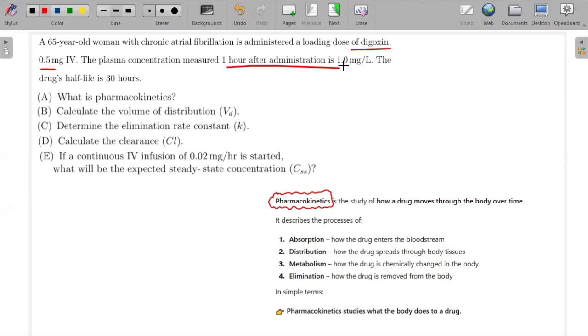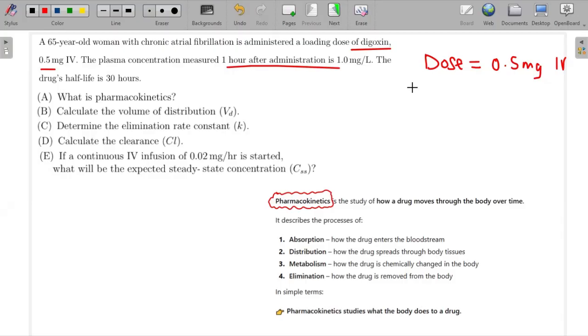Okay, so first of all, before you even solve anything, let's get some information that we've been given from this question here. So the first thing that we've been given is the dose. The dose of this digoxin has been given as 0.5 milligrams, IV. And then what else has been given? The plasma concentration.